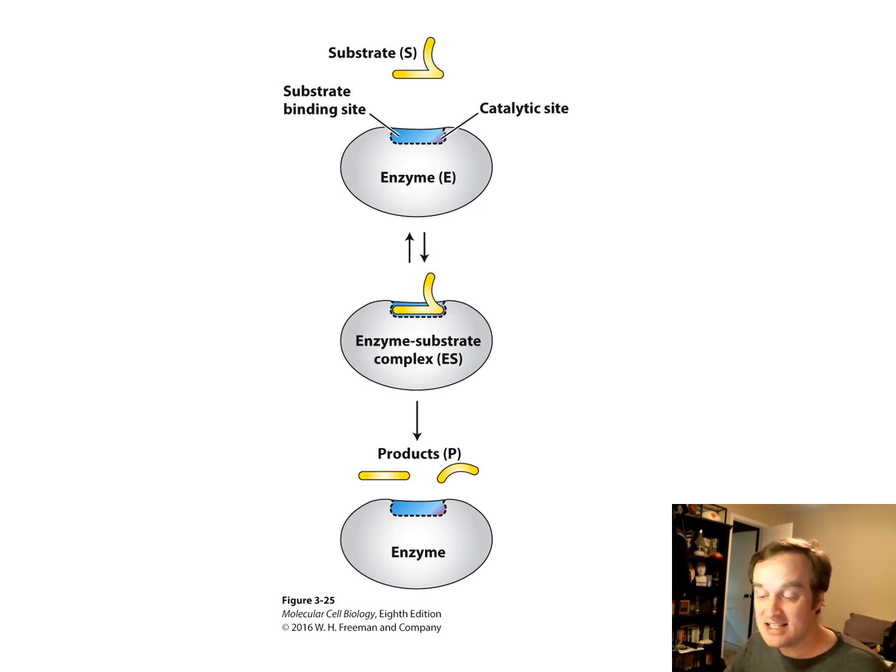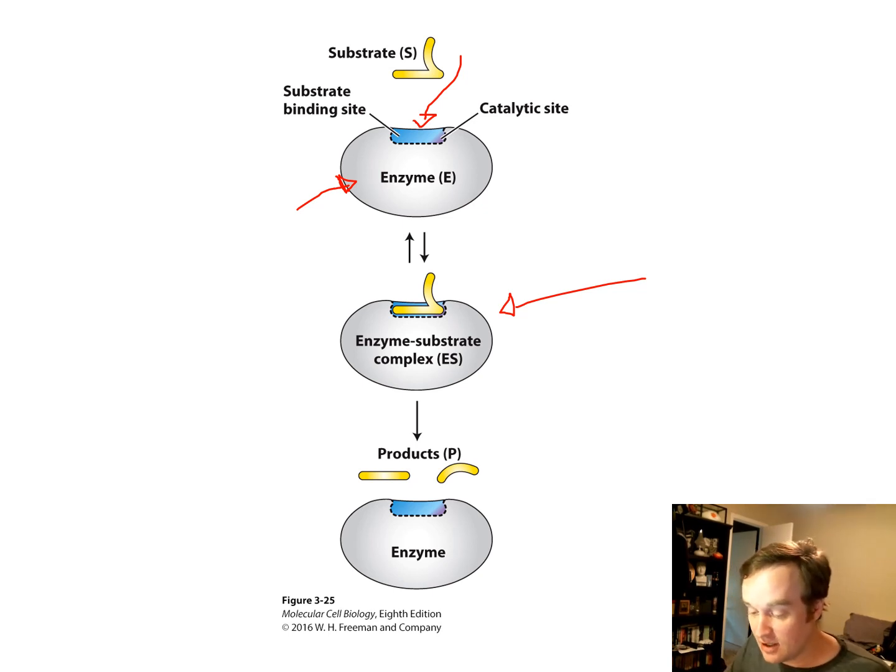And so the enzyme substrate binding site and the catalytic site cooperate in this multi-step reaction to convert substrates to products. And so the enzyme, which we have indicated by E here, will bind the substrate molecule at this fixed active site. When they're together, we call this the enzyme substrate complex because they're bound into one chunk at this point.